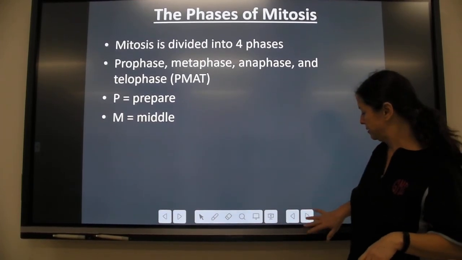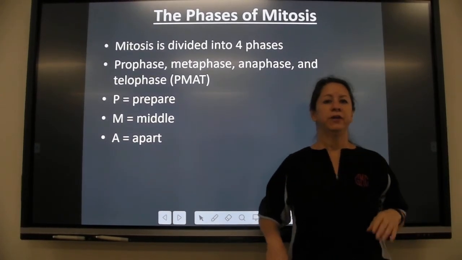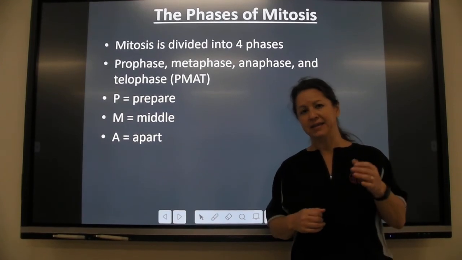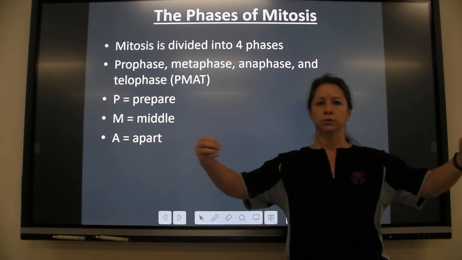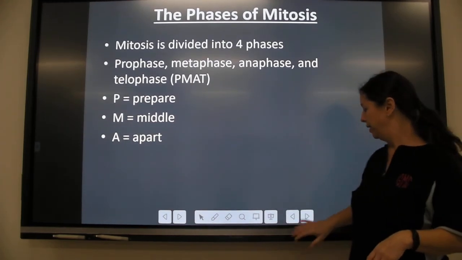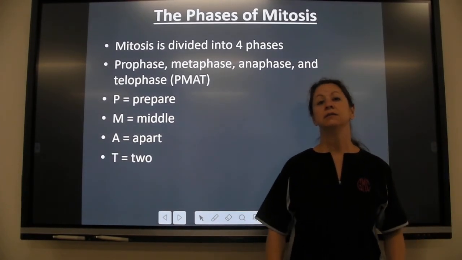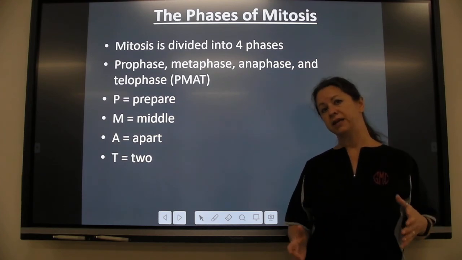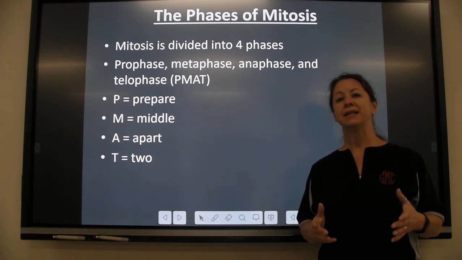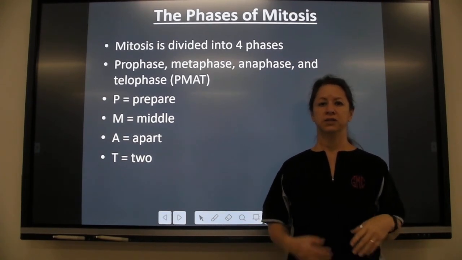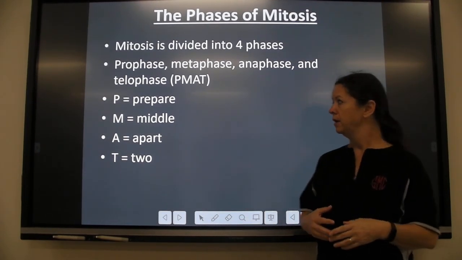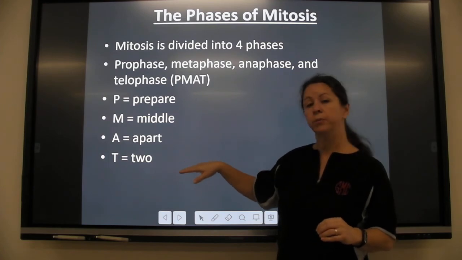We'll talk about that some more in a minute. And if you think about A, for anaphase, A equals apart. That's because that's when the chromosomes are pulled apart. And then if you think of T, telophase, T standing for two, that's when you finally actually get two new cells, in telophase. All right, so this is just to help you remember what happens.